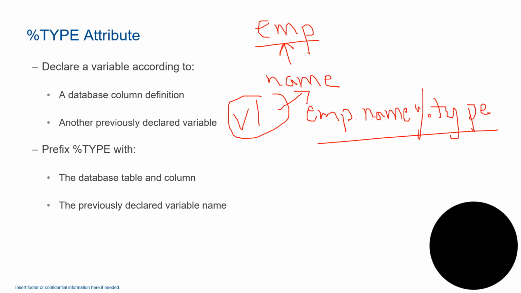Whatever its type, suppose it is VARCHAR2 of 10, v1 will also be VARCHAR2 of 10, so it replicates it. This is the %TYPE attribute.